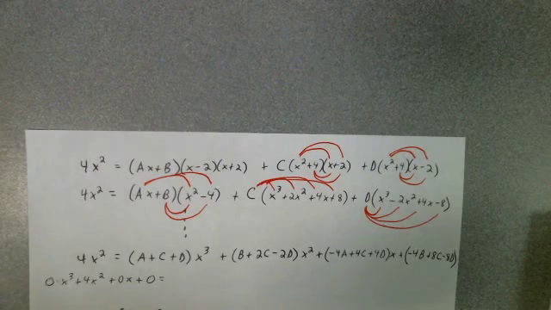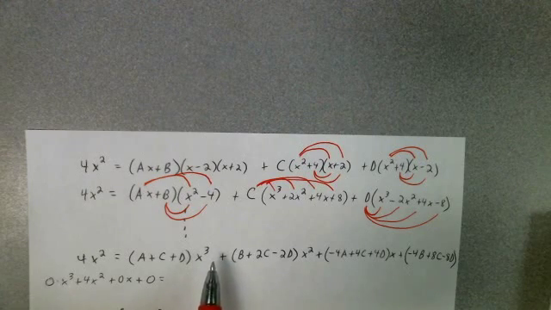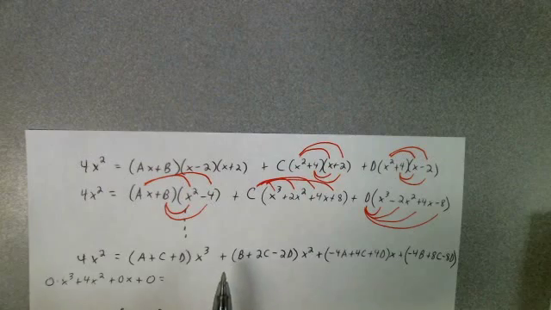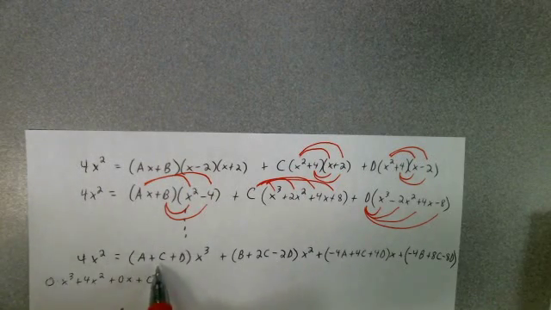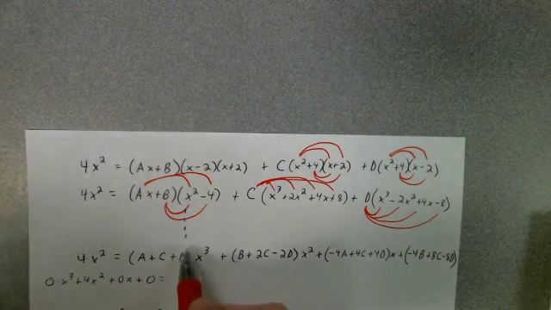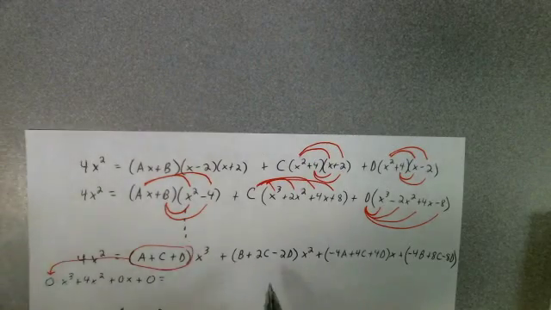Why is that helpful? Well, we have a degree 3 polynomial on the left side of the equation. We have a degree 3 polynomial on the right side of the equation. If this polynomial equals this polynomial, then this coefficient, a plus c plus d, it must equal this coefficient. So this guy right here, it's got to equal that guy.